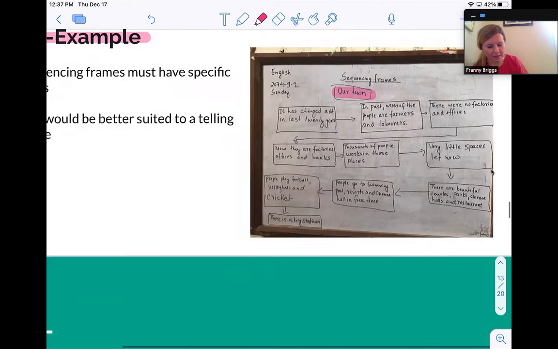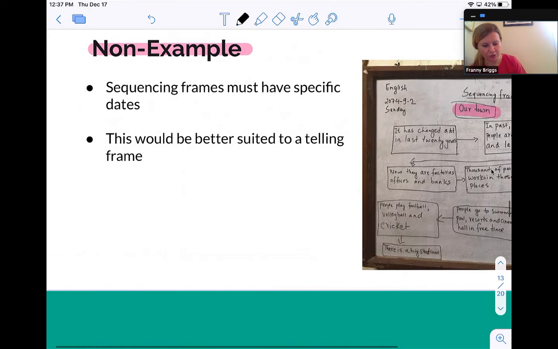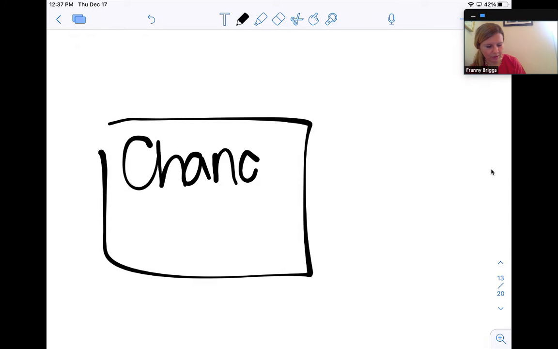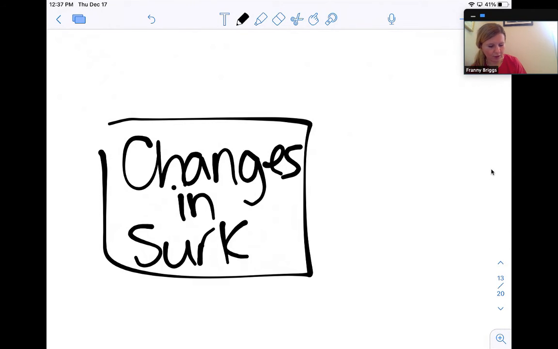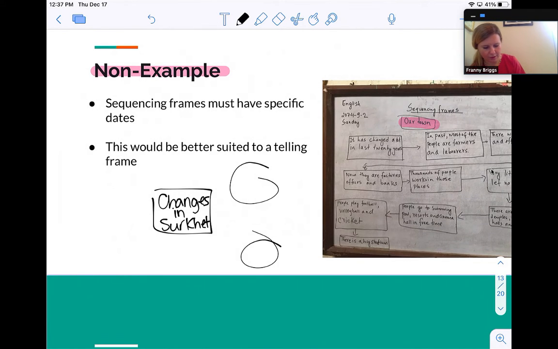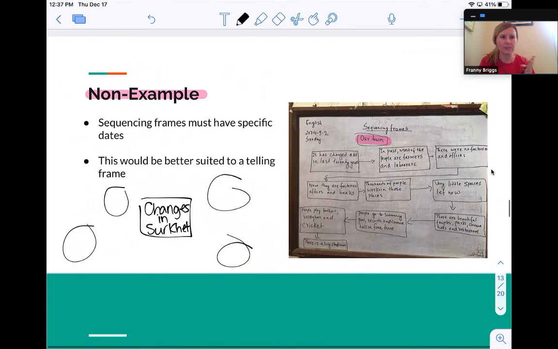And so this would be much better suited to a telling frame where you said, okay, changes in Surkhet, and then listed all those events around it. Okay, so you want to make sure when you're using a sequencing frame that there actually is a clear passage of time from one event to the other.